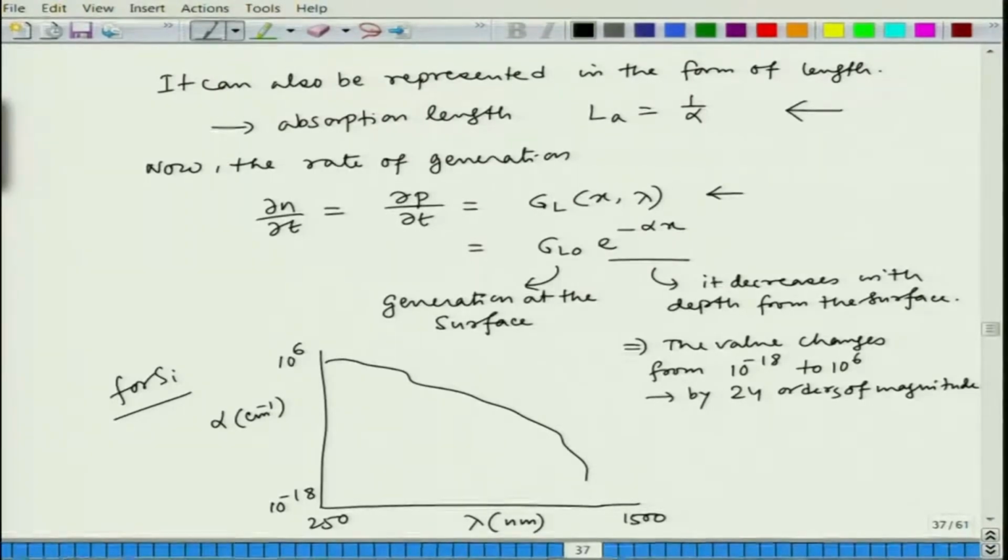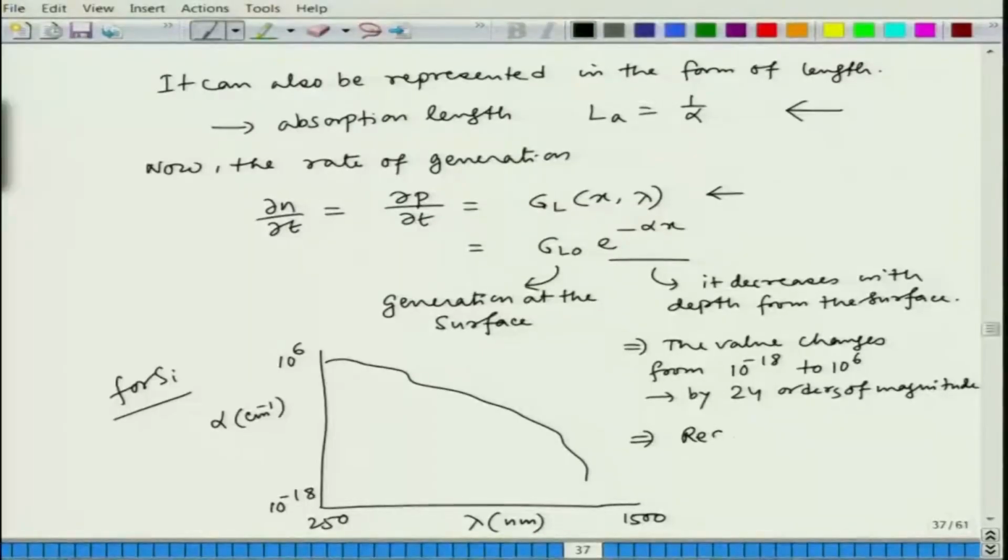So, what it tells us is that the absorption or the generation of electron hole pair is a very sensitive function of the wavelength of the incoming radiation. Okay. If it is that sensitive, then the range of wavelength that will be effective in generating this electron hole pair will be very narrow for a particular material.